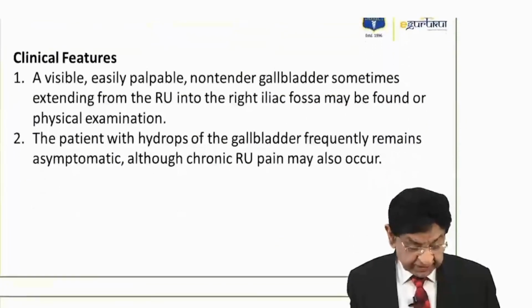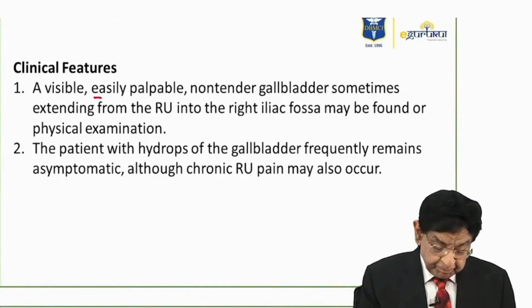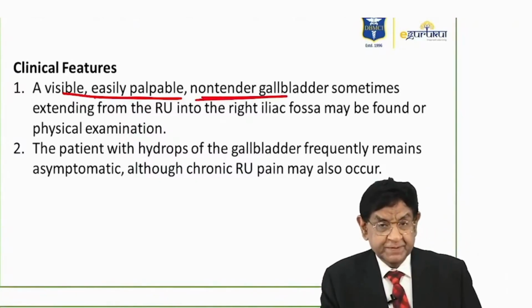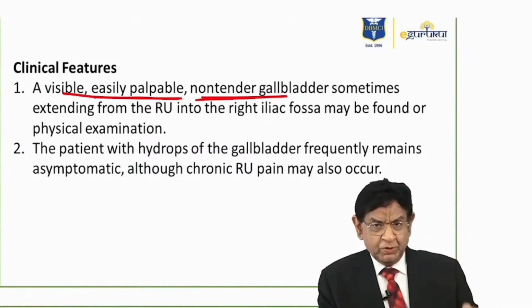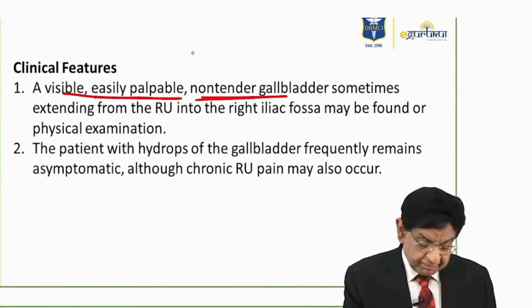What are the clinical features? An easily palpable, non-tender gallbladder. The point to be noted is that it's non-tender. It means Murphy's sign will be negative.